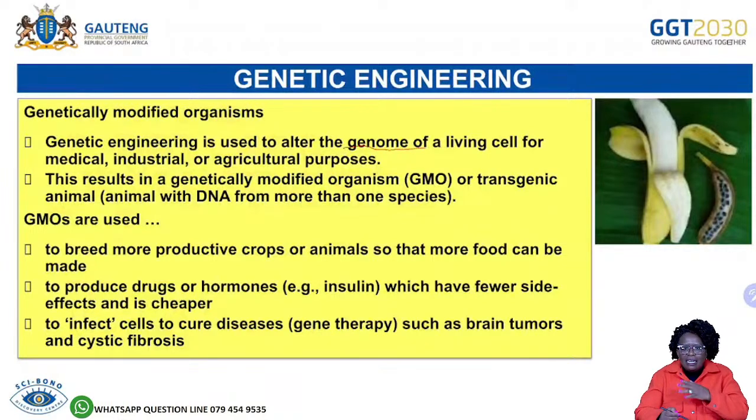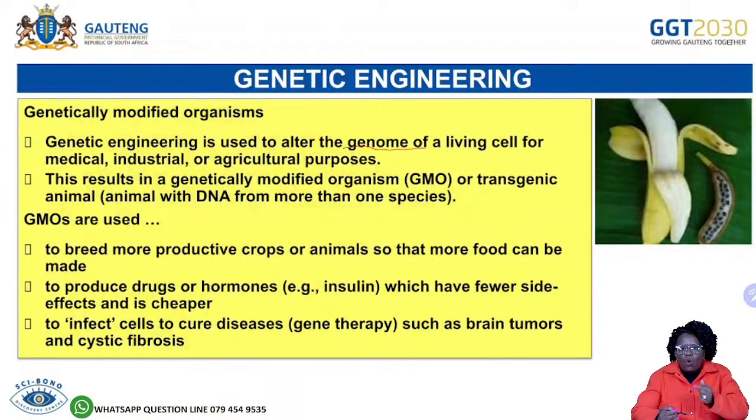There are so many reasons that can lead to manipulation or changing of the genome. When we speak about the genome, we are referring to the full package of the genes that are found in an organism, the genetic footprint that is found in an organism.